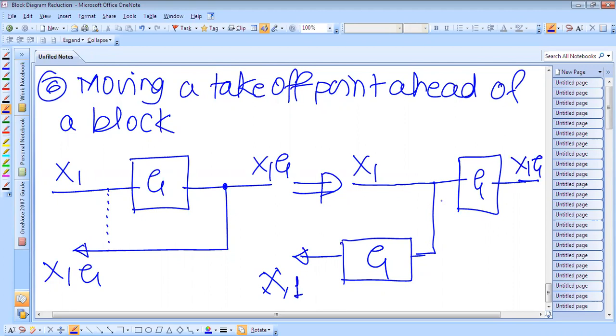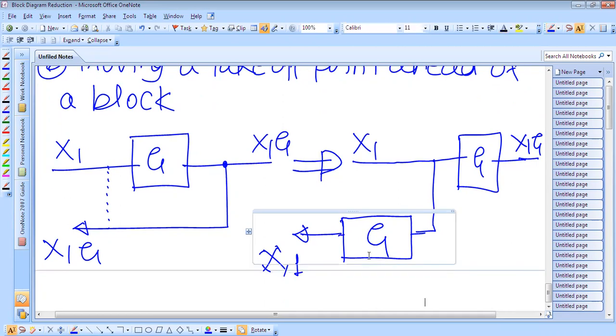So in this way we have shifted the take up point ahead of a block. In doing so, we have to add one block in the feedback loop, that is G. So this is moving a take up point ahead of a block.